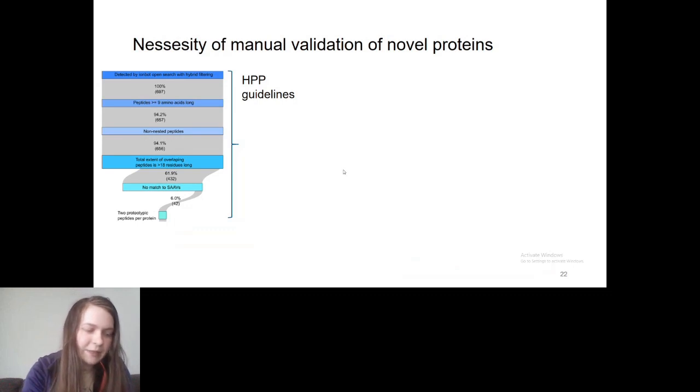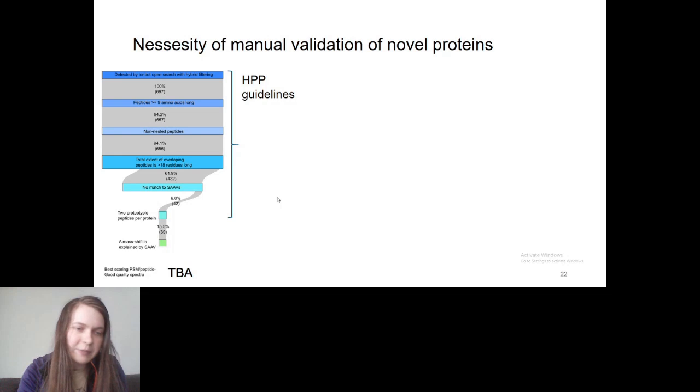The bottleneck of the analysis was the filtering of the peptides that non-uniquely match to single amino acid variants of canonical proteins. Then we also checked the peptides with mass shifts that are isobaric to single amino acid substitutions, and if they matched known missense mutations, they were filtered out.